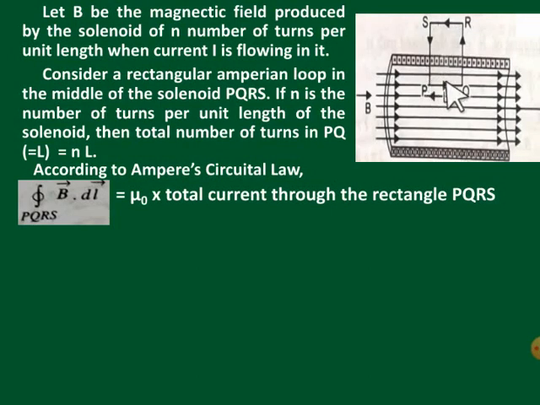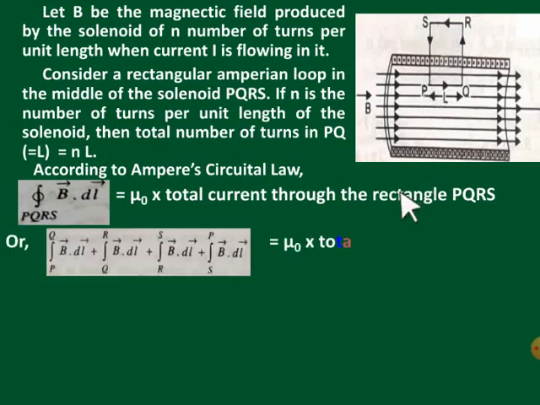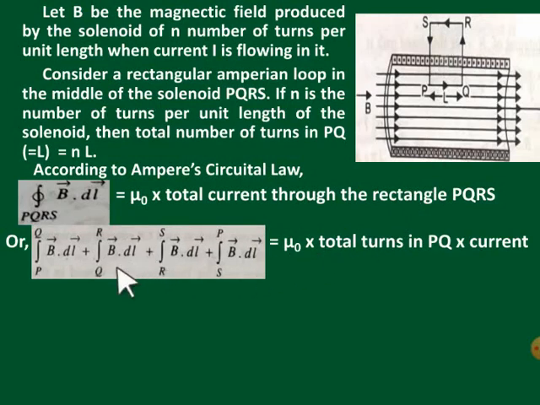Now, if we take the line integral over this rectangular loop, let's separate it into 4 parts: the line integral from P to Q, second Q to R, third R to S, and fourth S to P. If dl and the magnetic field are perpendicular, then the line integral will give you 0.